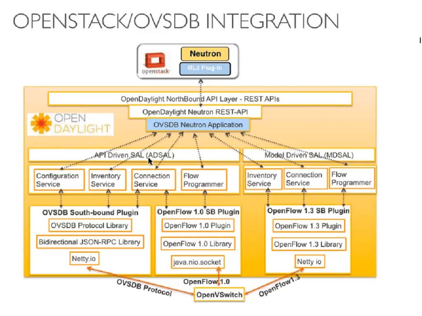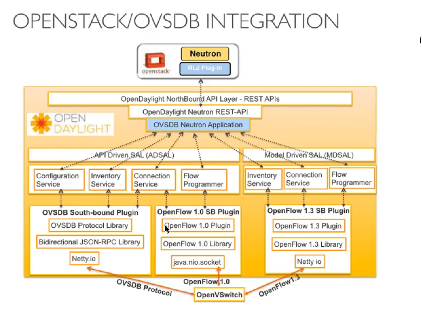In this case, we use the Neutron Northbound APIs directly as the exposure to the Neutron ML2 plugin. And we have an application called the OVSDB Neutron application that is sitting in the middle, a blue box right next to the OpenDaylight picture there.